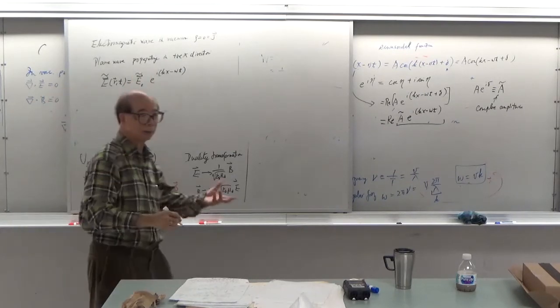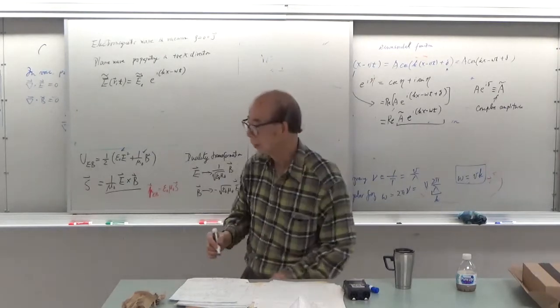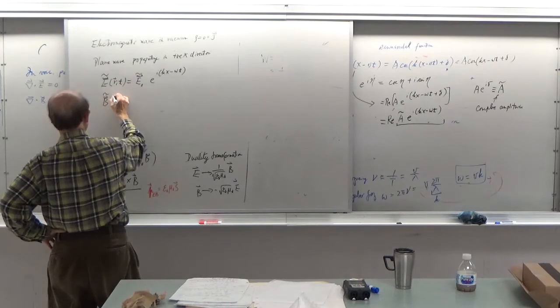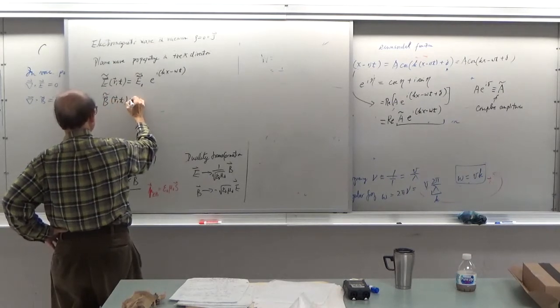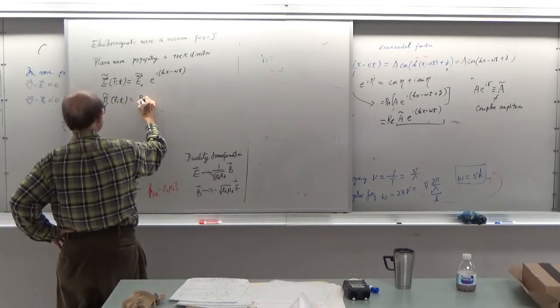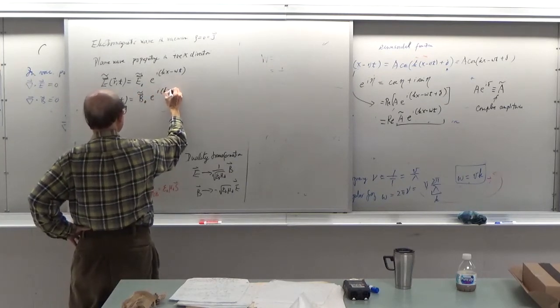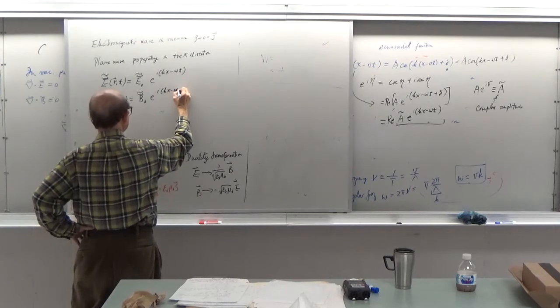Amplitudinal means complex, it's a complex amplitude. And similarly, the B field is the amplitude times e to the i(kx minus omega t).